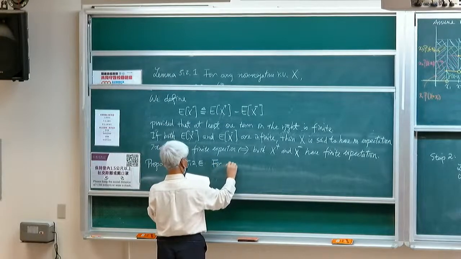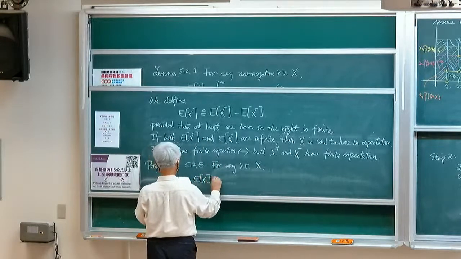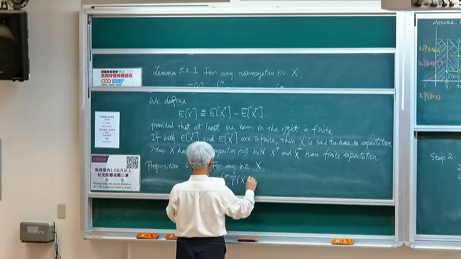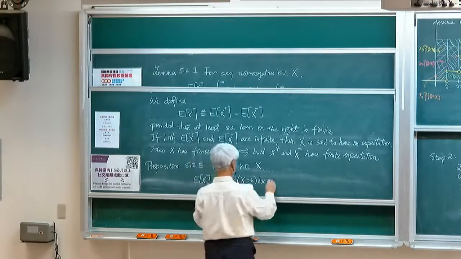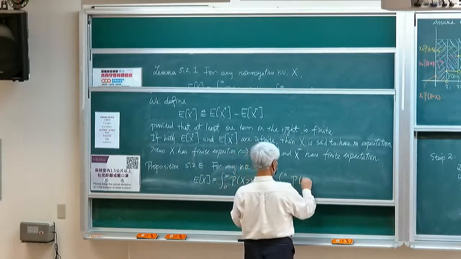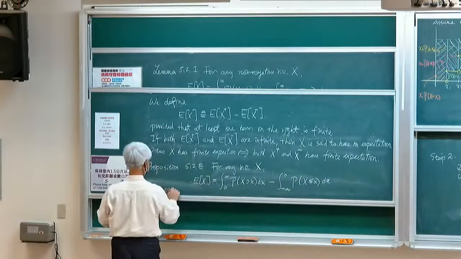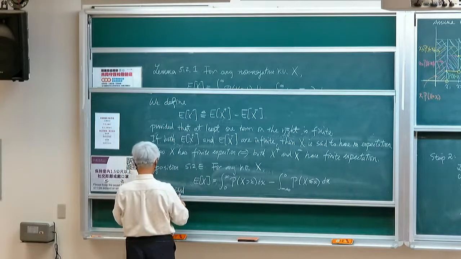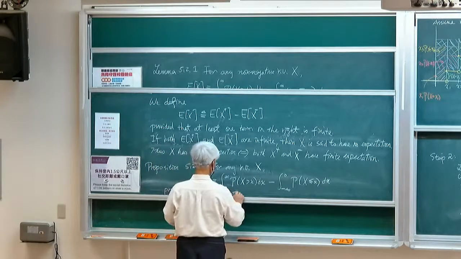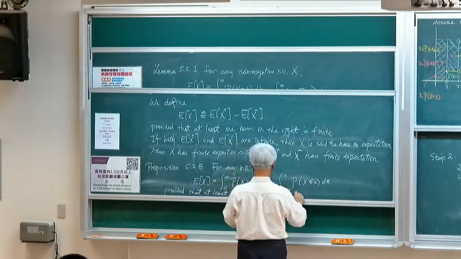For any random variable X, the expectation of X can be written by two integrals: the integral from 0 to infinity of the probability of X greater than little x dx, minus the integral from minus infinity to 0 of the probability of X less than or equal to little x dx, provided that at least one term on the right is finite.